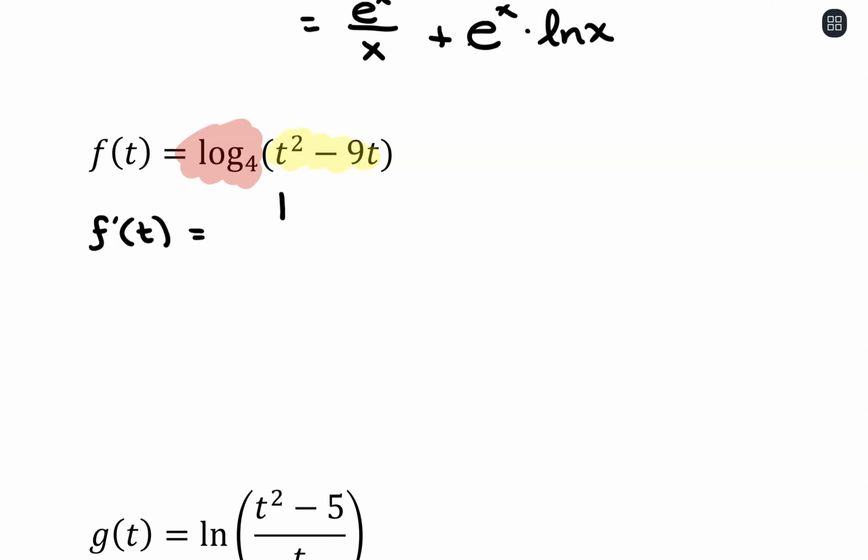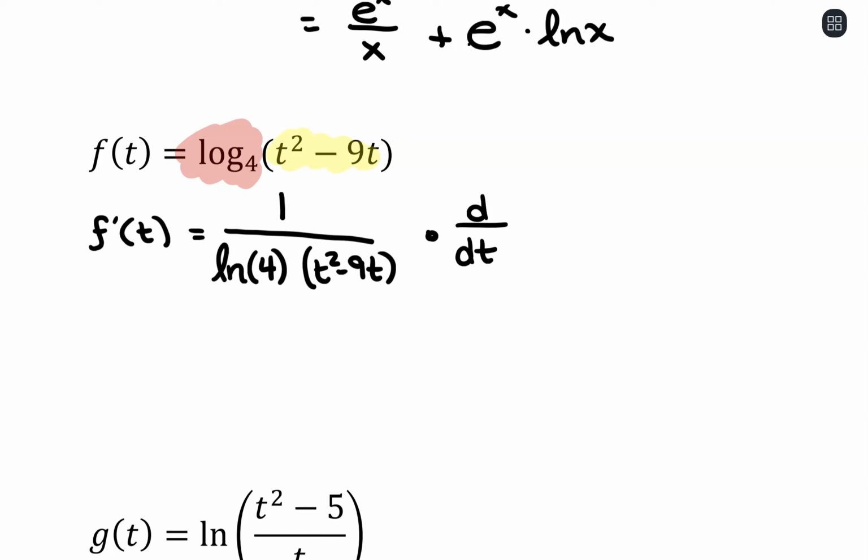So it tells me to move the inside function to the denominator, but also multiply by the natural log of that base.